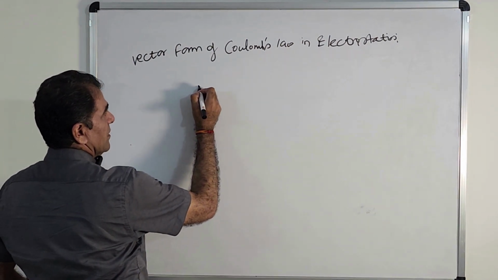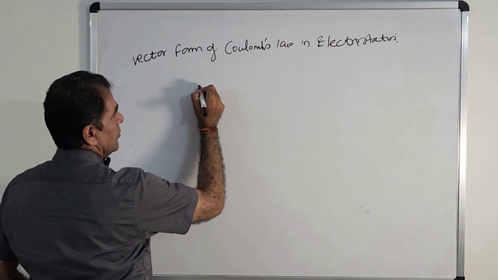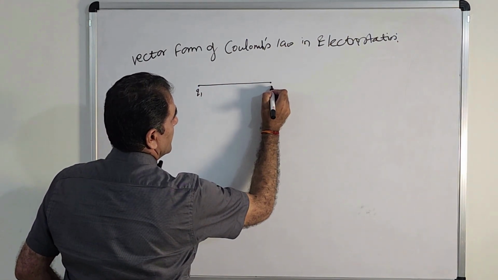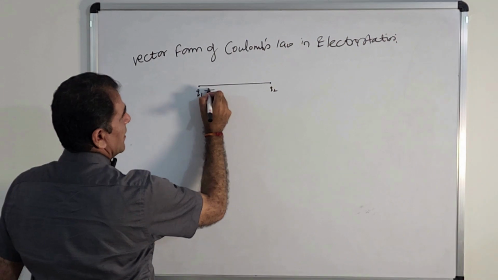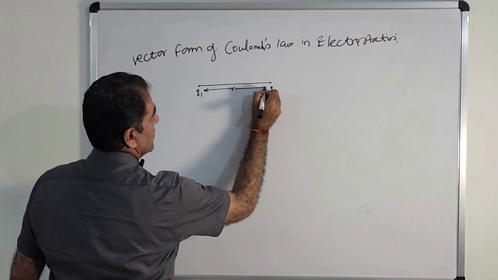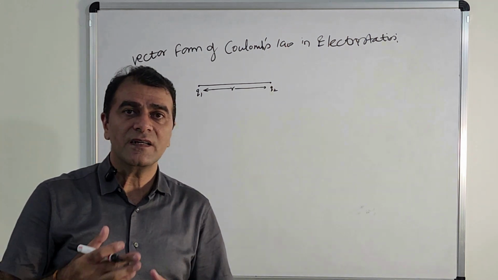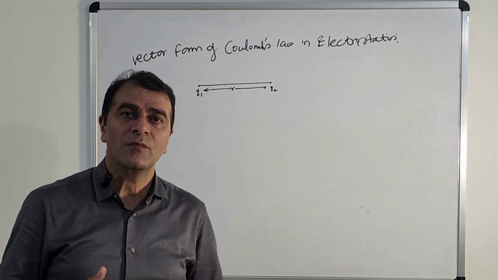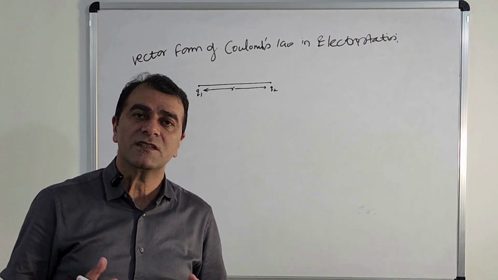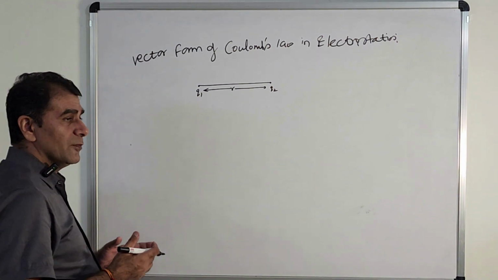Let us consider two charges, say Q1 and Q2. These charges are r meters apart. We already told you these are point charges. Let me define again that these are point charges because Coulomb's law is applicable to point charges. What is a point charge?